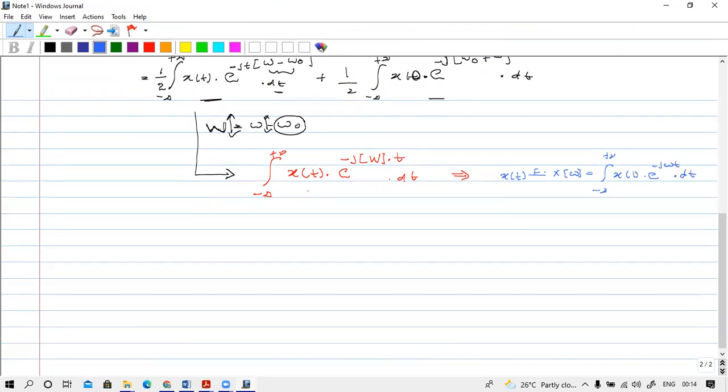So what you see here and here is the same expression. Only here simple omega is there, and here capital W is there.